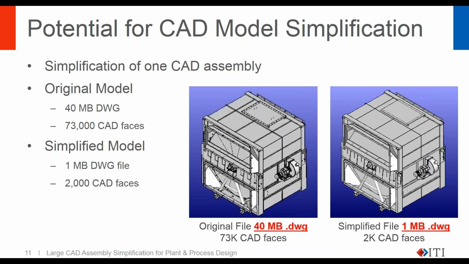Okay, some of the details are not there, but the outer envelope, the key tie-in points are the same. It looks like the same piece of equipment. But the CAD file is now a 1 megabyte DWG file with 2,000 CAD faces. So we went from 40 meg to 1 meg. We achieved a 97% data reduction with something like a 15-minute runtime, which is quite a big achievement.